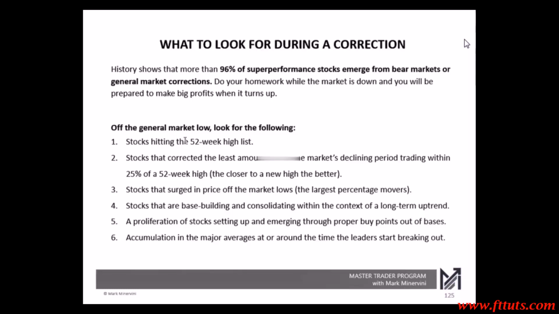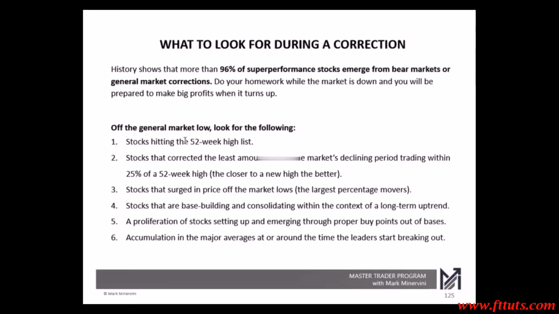So when you're in a bear market and you've come off a few legs down, you want to start looking, when the market rallies off the lows, at stocks hitting the new 52-week high list. What stocks are hitting the new 52-week high list during that time? Stocks that corrected the least amount percentage-wise. So the market's down 30%, you start to see stocks.